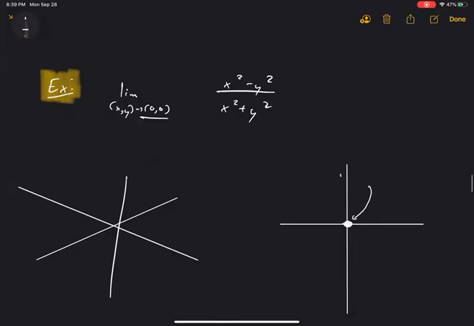We can approach directly along the y-axis, or this x-axis, or the negative y-axis, negative x-axis, or we can take these diagonal lines. We could consider even a hyperbola or parabola, like that side of the parabola approaching the origin. And no matter what path we take, if we're saying that this limit is equal to L, that means the limit is equal to L no matter what path I take.